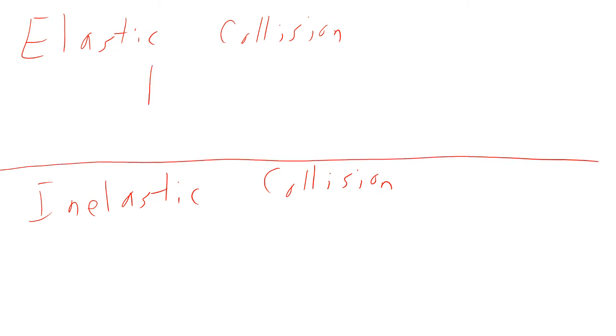Well, with an elastic collision, the initial kinetic energy equals the final kinetic energy. For an inelastic collision, the initial kinetic energy is not equal to the final kinetic energy. Now, we know energy is conserved in the big picture, but that means some of the energy is likely going into those non-conservative forces, so some of the energy is going into other forms.